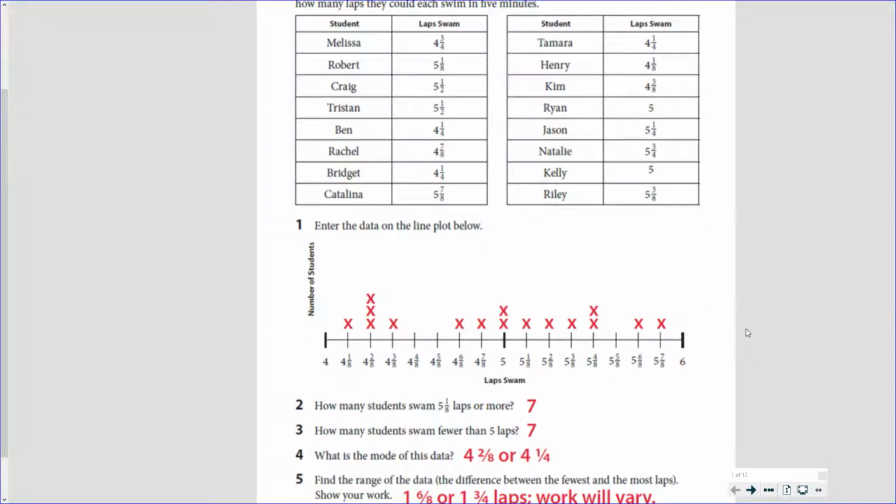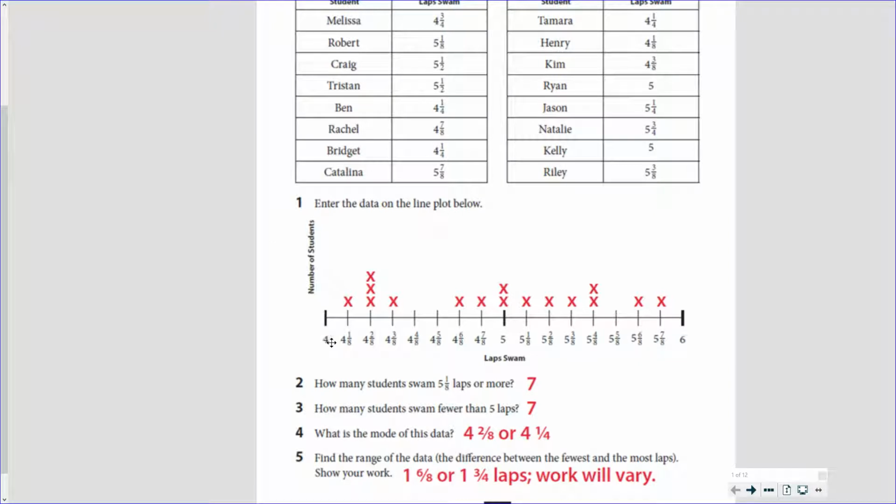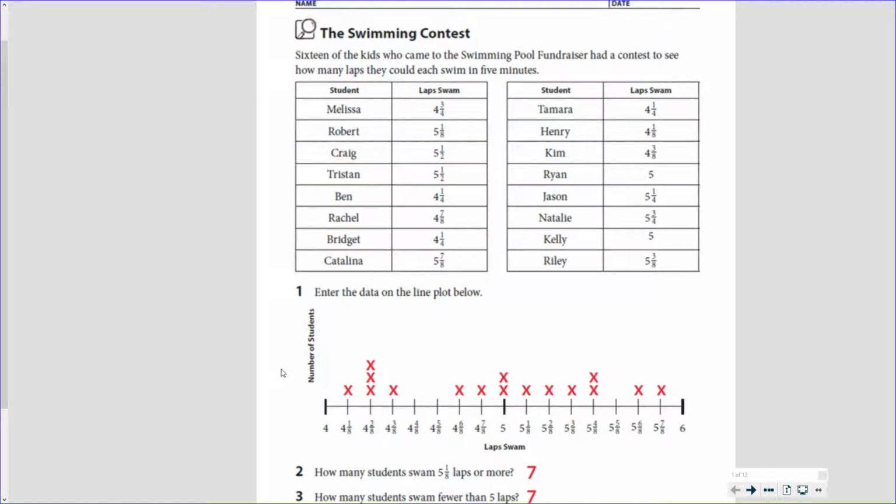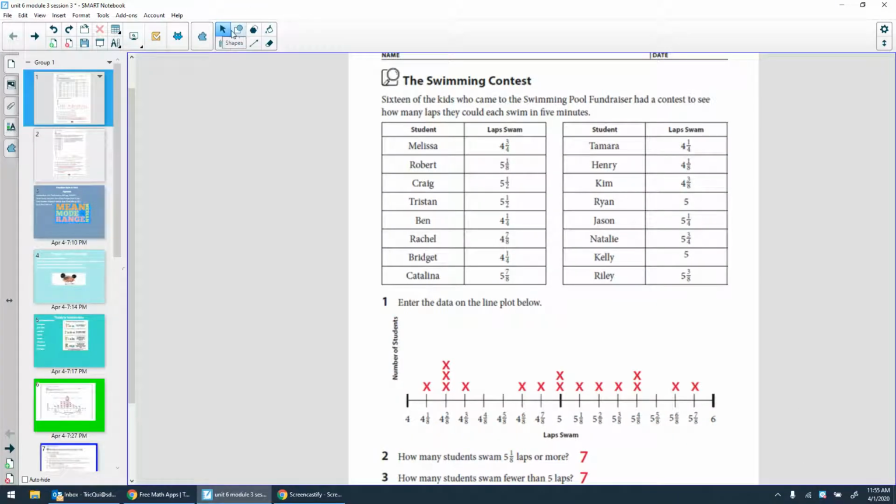In this particular line plot, they had all of the data points filled in for you, and you can see that they are in eighths, which makes it really easy. That's something that we want to focus on going forward, to make sure that we have a common denominator. And then going up to the key up here, you needed to put each of those data points into the line plot.